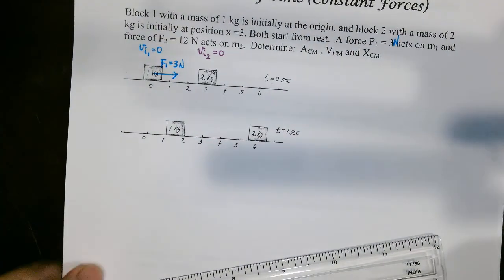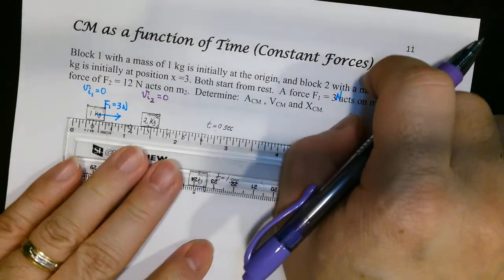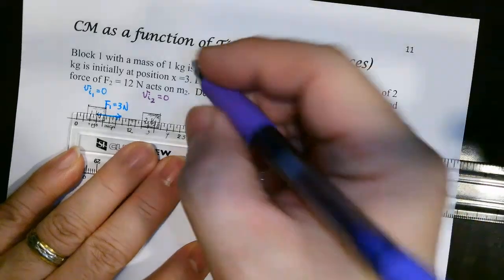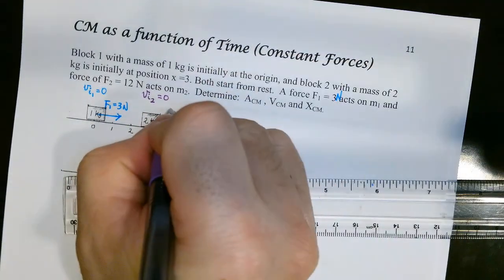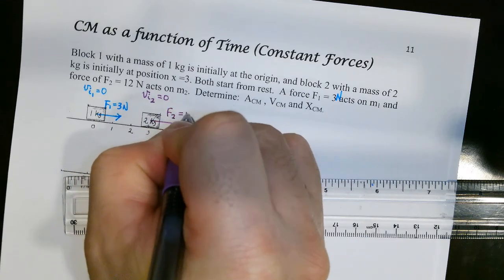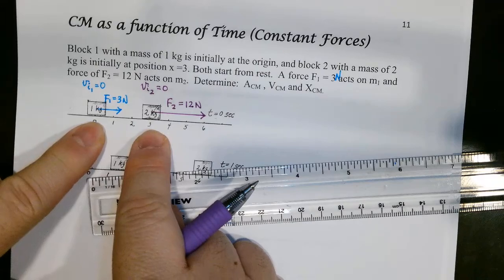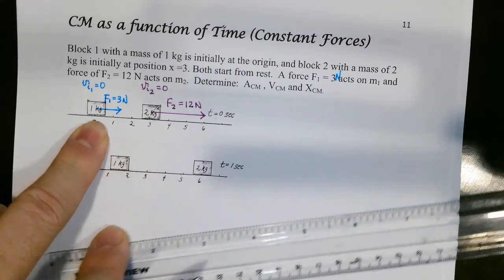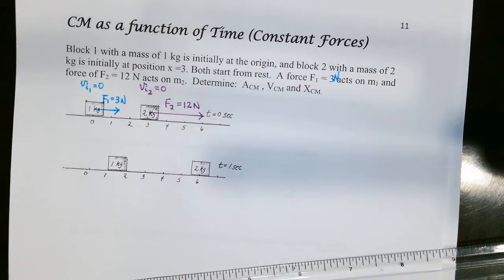Okay? And force F2 is acting on M2 with 12 newtons. So they're going to be both accelerating at 2 different rates. So what is the acceleration of this?